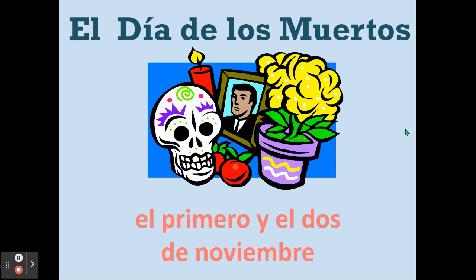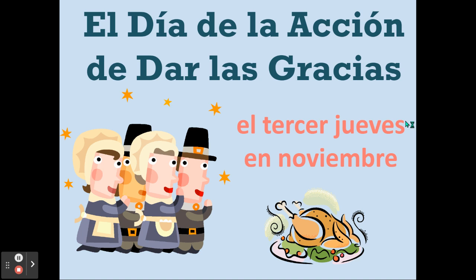El Día de los Muertos es el 1 y el 2 de noviembre. So it's a 2-day celebration. And we saw a movie about this called Coco that really shows how they celebrate this holiday. El Día de la Acción de Dar las Gracias is always el tercer jueves en noviembre, the third Thursday in November. So the date always changes, but it's always the third Thursday in November.